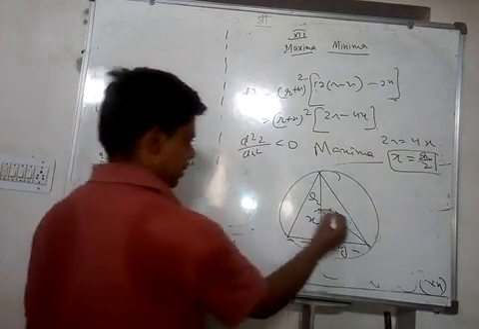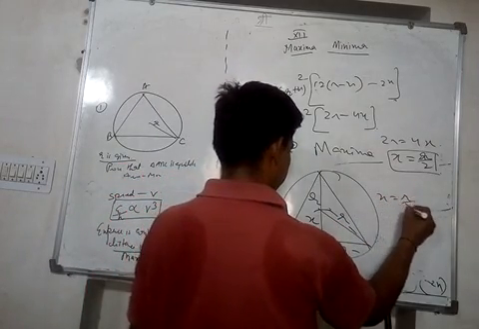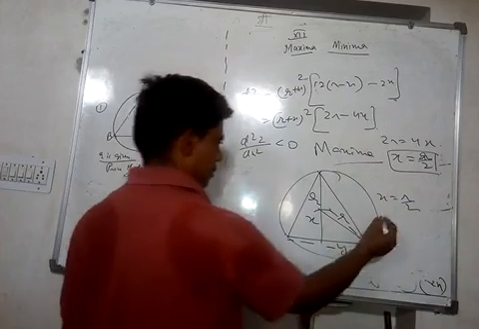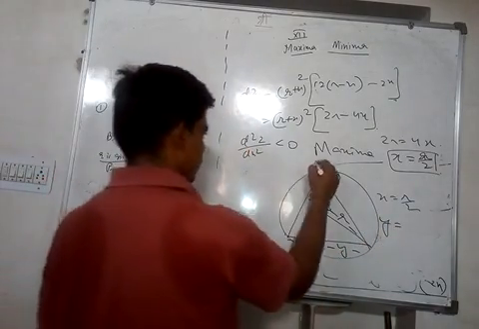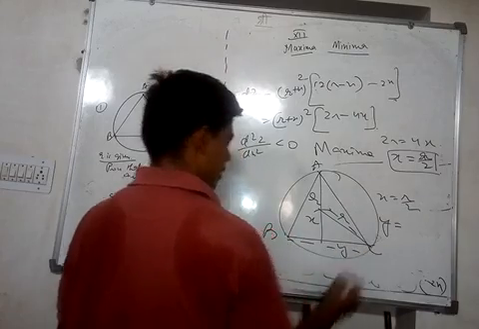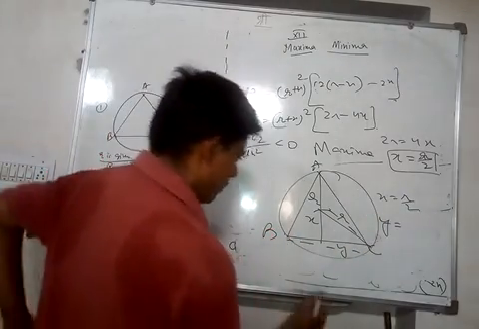So what is the relation between R, X and Y? X is now R by 2. We have already considered these two sides to be equal, AB and AC. So now we'll prove that all three sides are equal. How will you prove it?